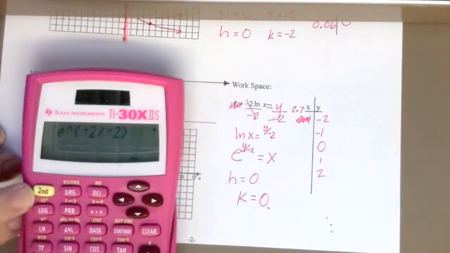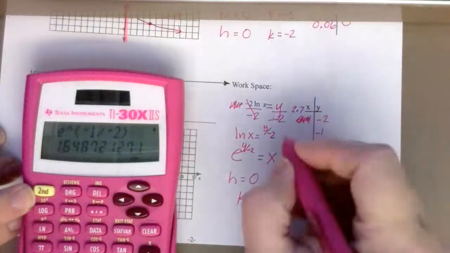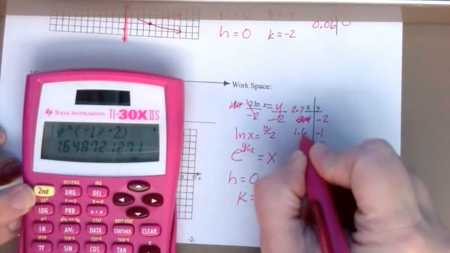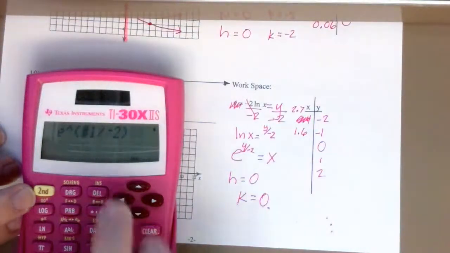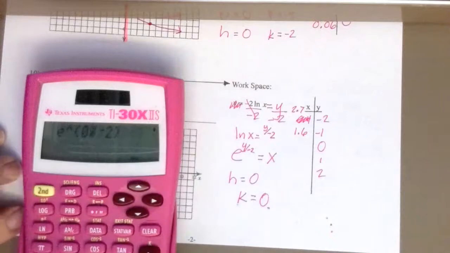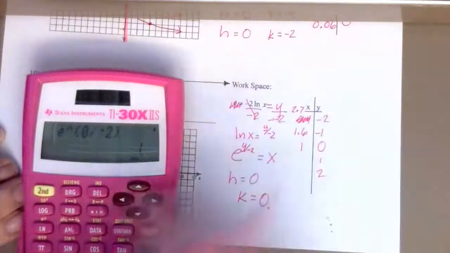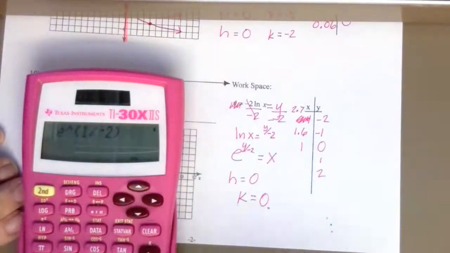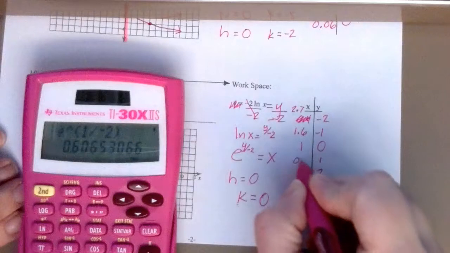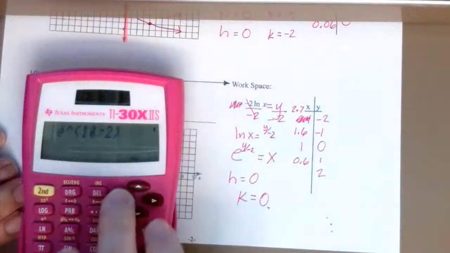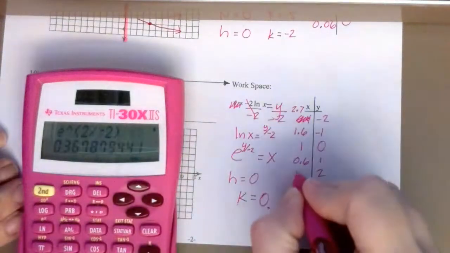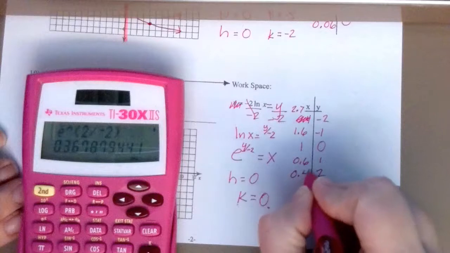Okay, now change that to a -1, and I get 1.6. Now change it to a 0. I get 1, then 0.6, and then a 2, and there's that 0.36, which I'm going to call 0.4.